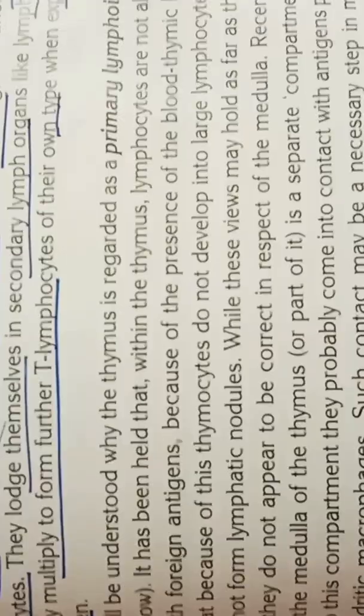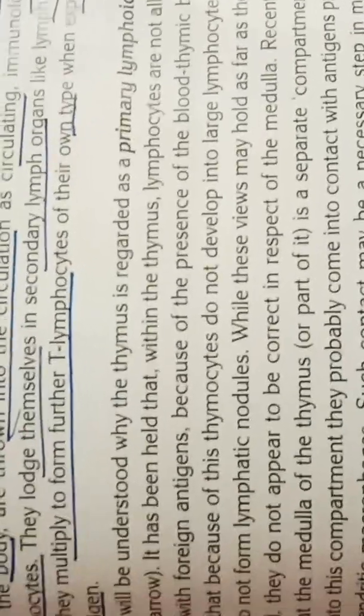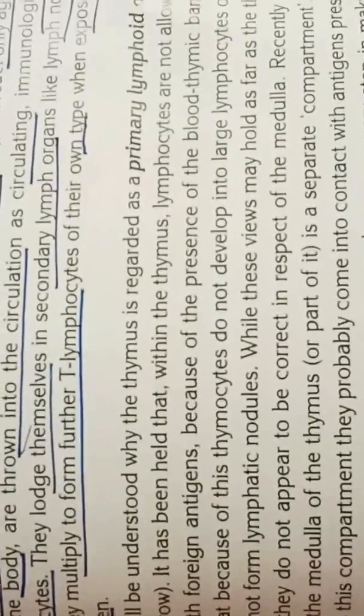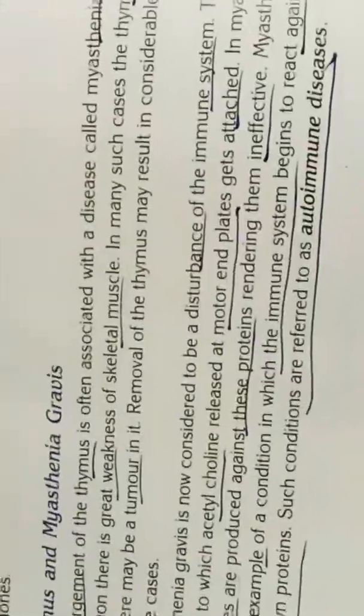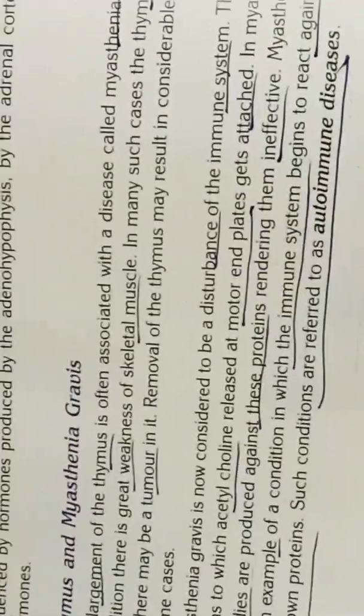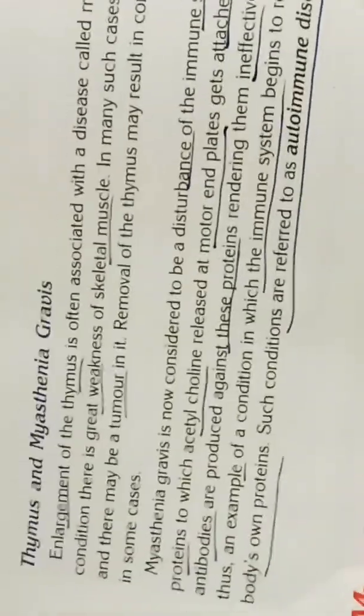They lodge themselves in the secondary lymphoid organs like lymph nodes and spleen, where they multiply to form T lymphocytes of their own type when exposed to the appropriate antigen.